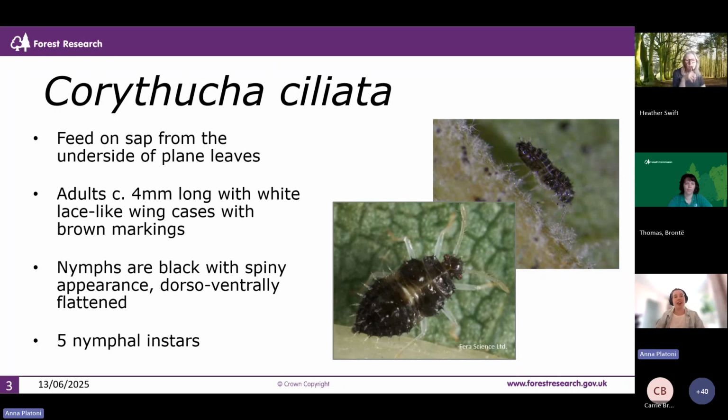Hemiptera don't do the same thing that, say, beetles or butterflies do, where they go from caterpillar to pupa to adult. These go through nymphal stages, so with each molt they look more and more like the adult that they will become.